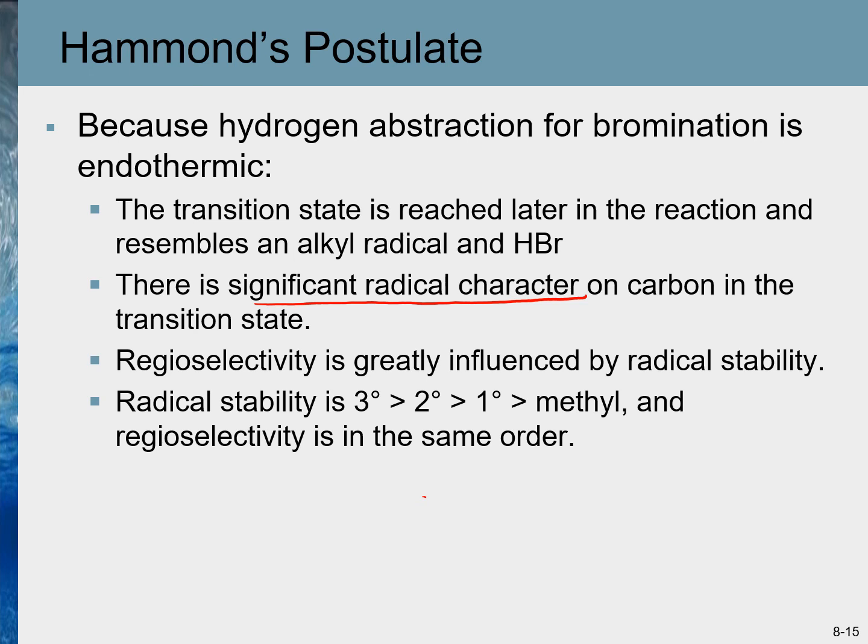So in the bromination reaction, regioselectivity is greatly influenced by radical stability, and we know that tertiary radicals are more stable. Hence, the tertiary radicals will be formed more preferentially, and therefore it explains why the tertiary product is more favored in the bromination reaction.